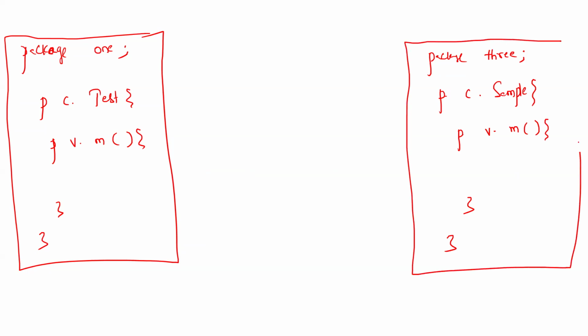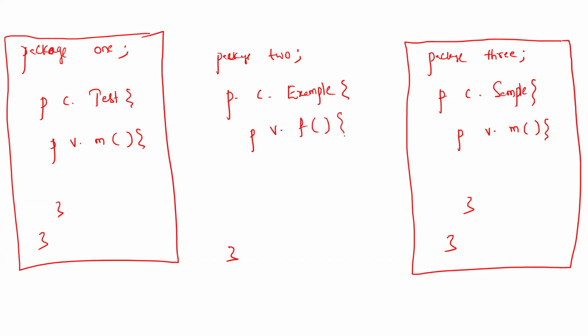Now the requirement is there is one more package, 2. Inside this package 2, there is a public class Example. Inside this class, public void f is a function.